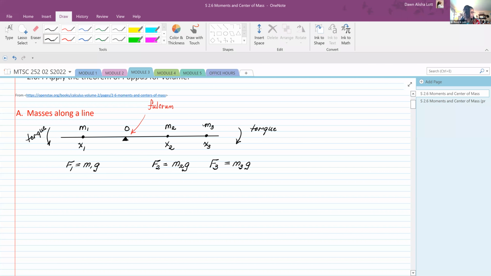Each force wants to turn the axis about the origin.